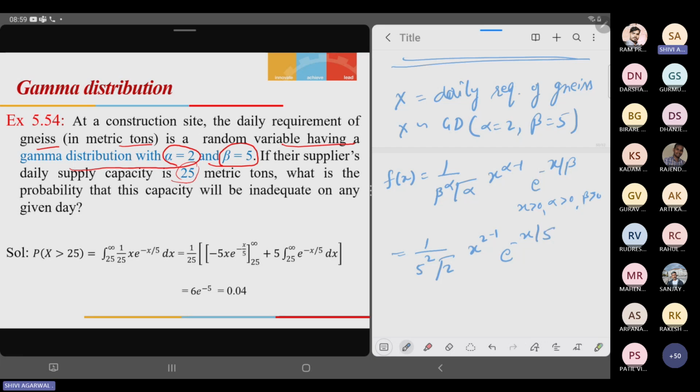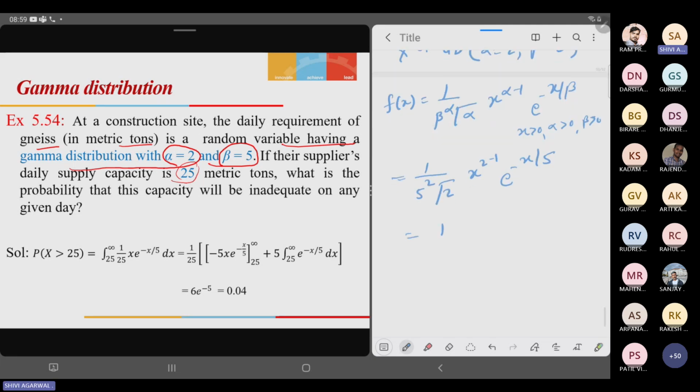We fix the value of the parameters. So it will become 1 upon 25, gamma function of 2 will become 1, and x e to the power minus x by 5. Now we have to find the probability when x is greater than 25.